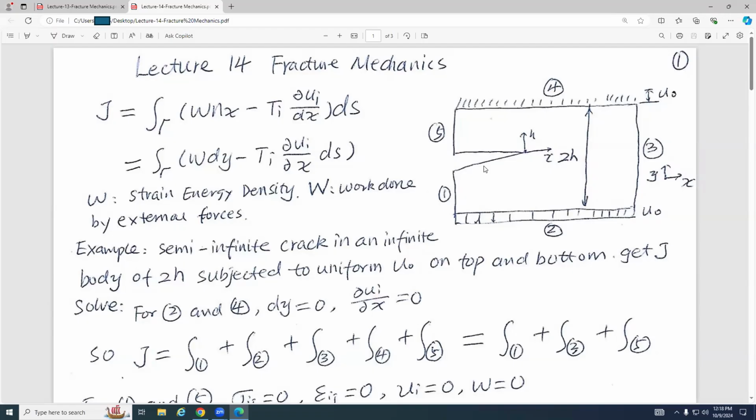The selection of this gamma, this boundary, is arbitrary. You can select a circle, a rectangle, a hexagon, as long as your gamma encloses the region. For simplicity, I just select vertical and horizontal lines.